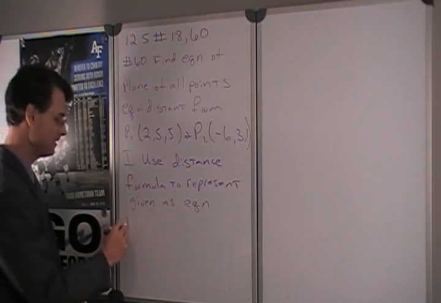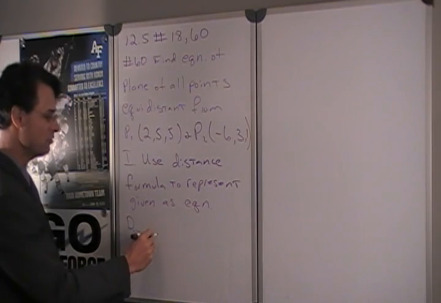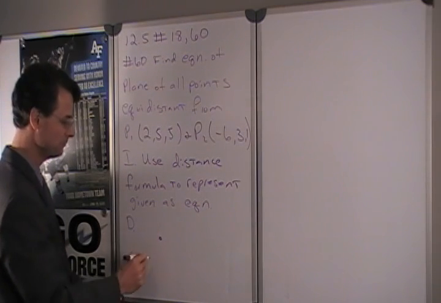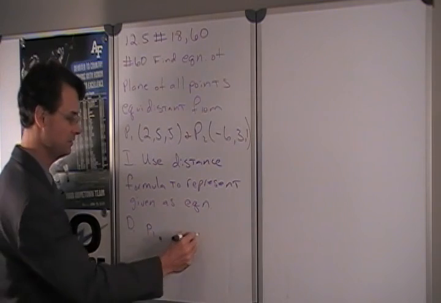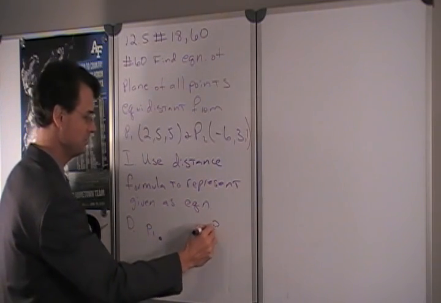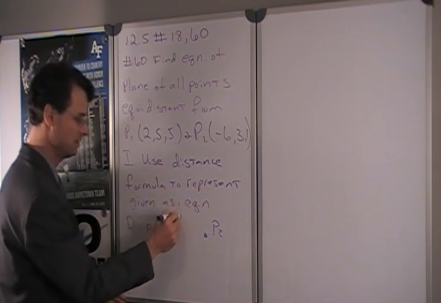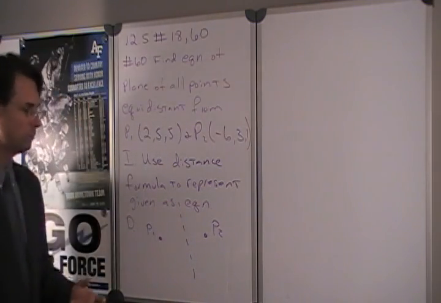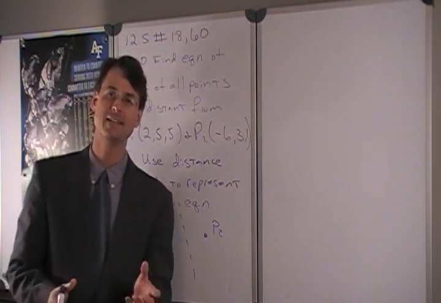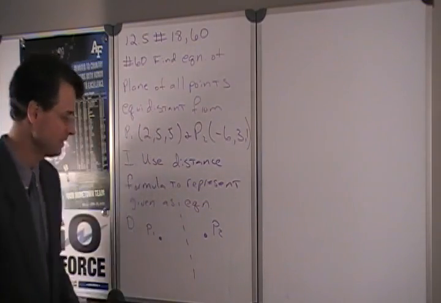Alright, now we need to develop this idea. Well, good idea to draw a picture here. Here's P1 and here's P2, and we're thinking about the plane that's equidistant in between them.